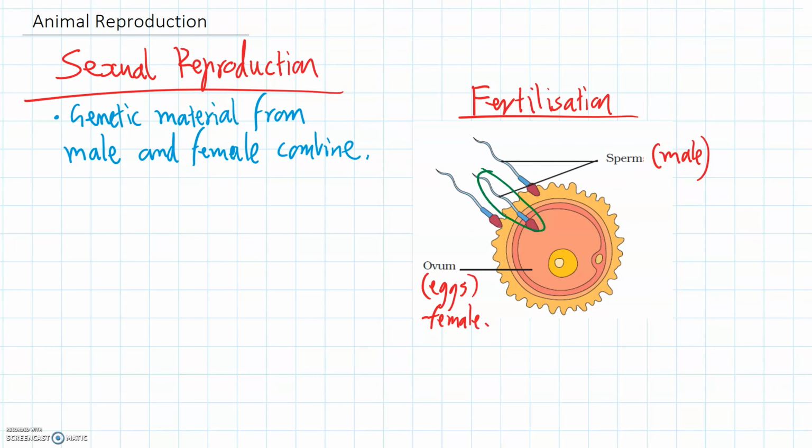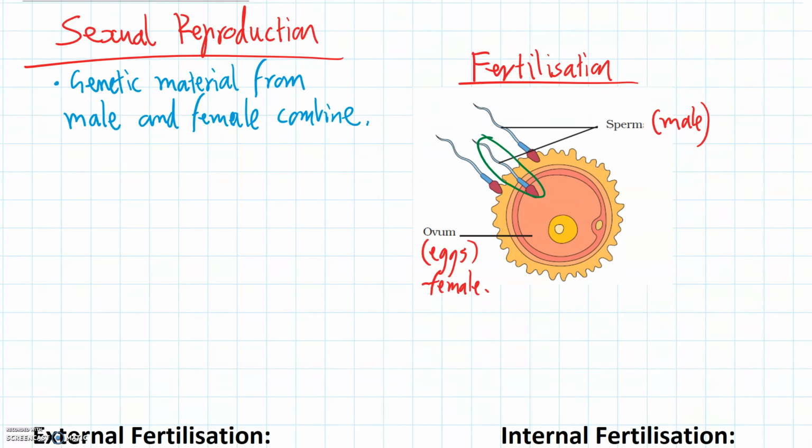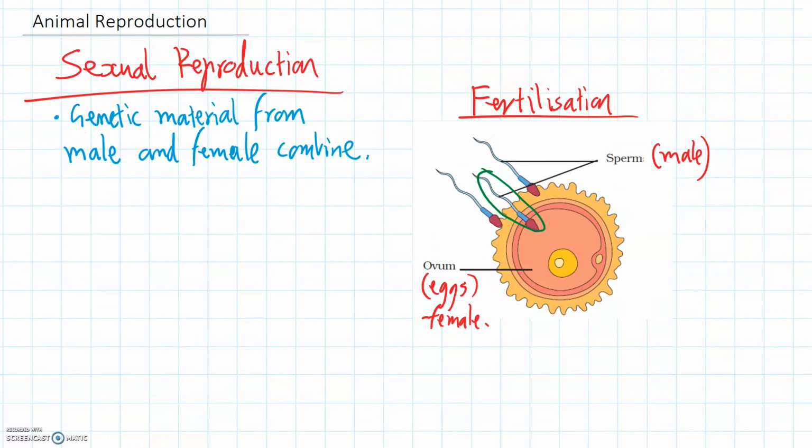So you can see here, this sperm happens to get through the wall of the egg cell, and it's the one that's going to fertilize the egg. The other ones will die and not fertilize it. Once the sperm and the egg have fertilized and we have a fertilized egg, we call that a zygote.